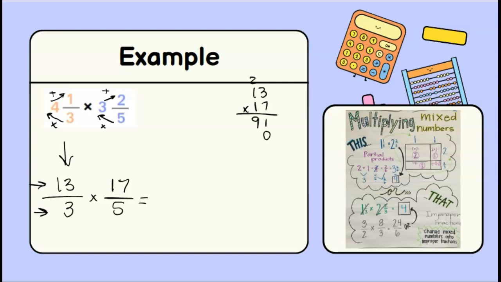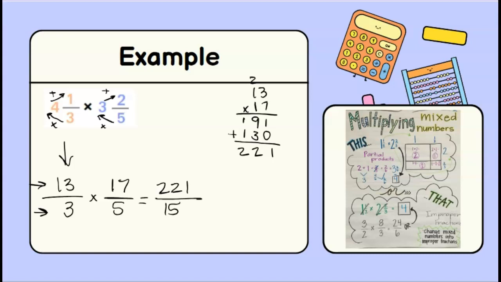Drop my 0. 3 times 1 is 3. 1 times 1 is 1. Add those together. I have 1. 9 plus 3 is 12. Carry my 1. So I know 13 times 17 is 221 over 3 times 5, which is 15.